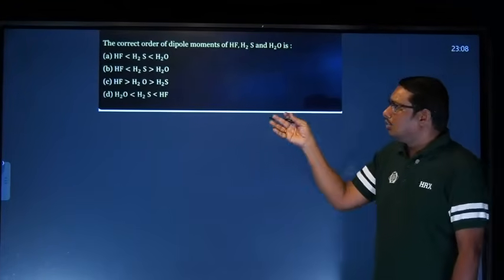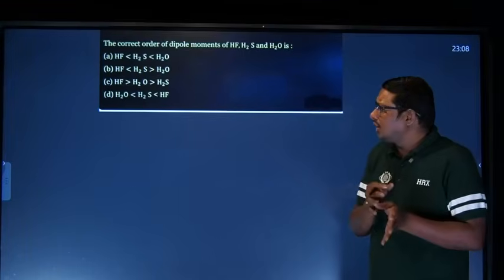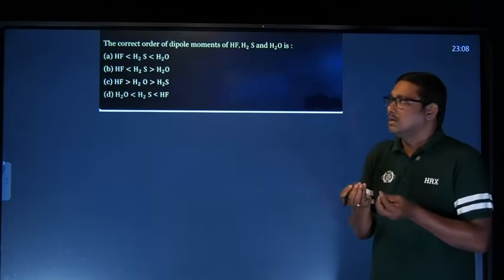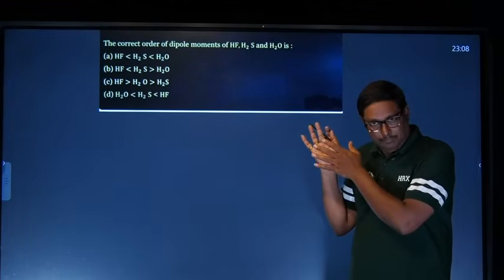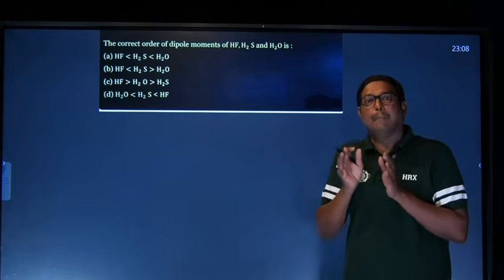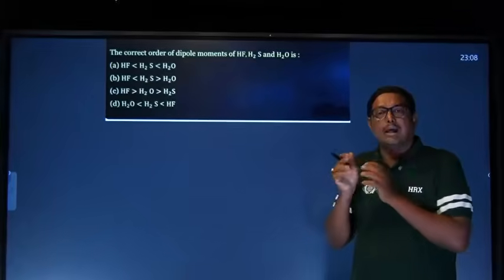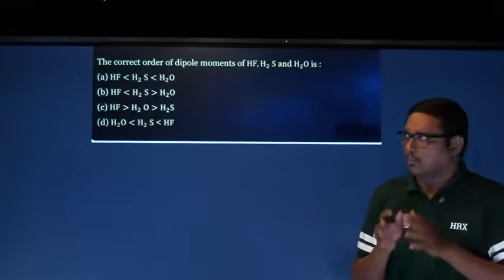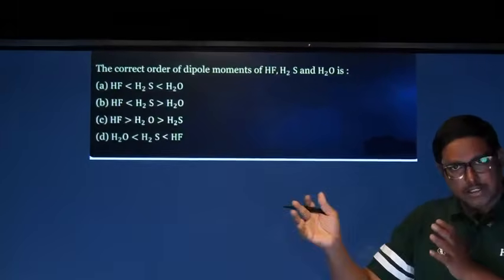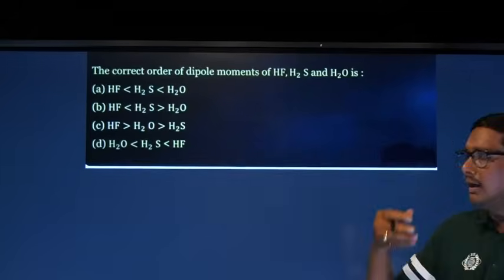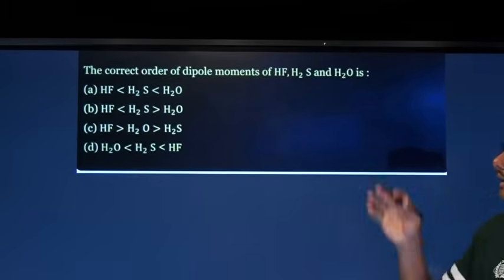If a molecule's dipole moment is 0, it is non-polar. So what is dipole moment? The product of the magnitude of charge and the distance between two ions in covalent molecules is the dipole moment.